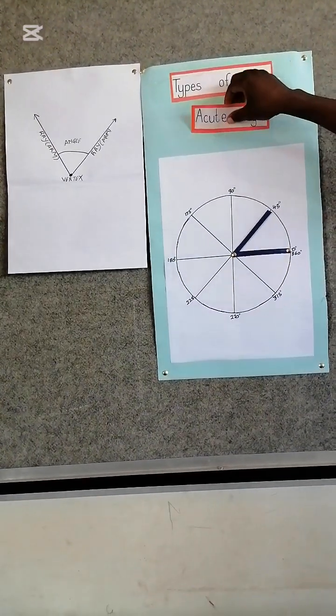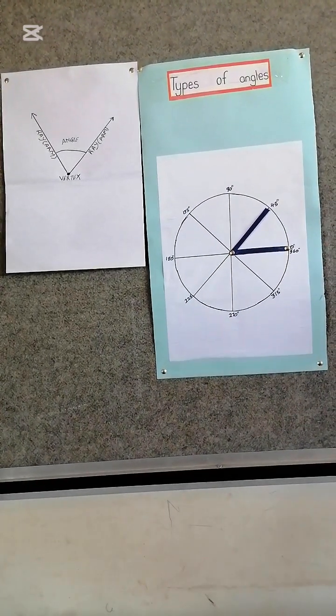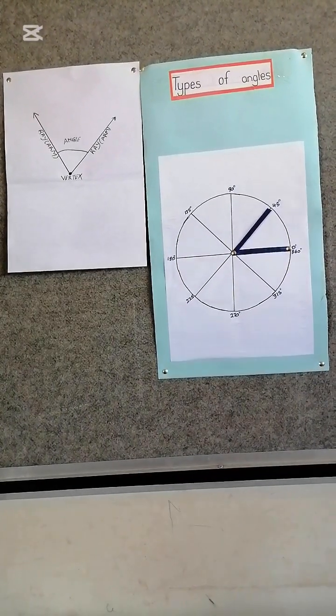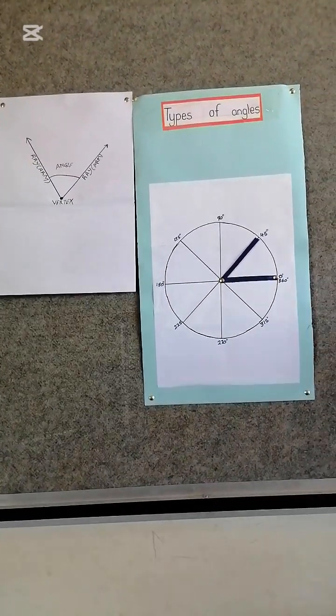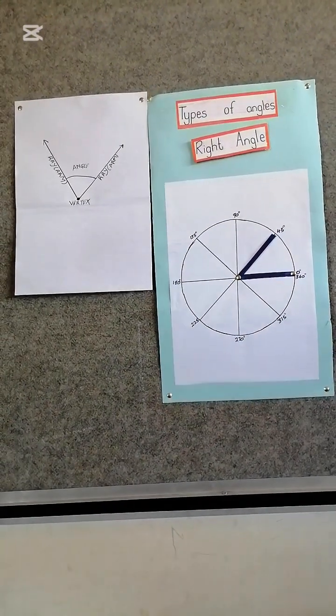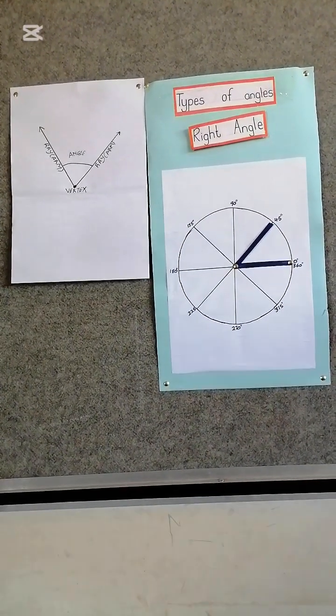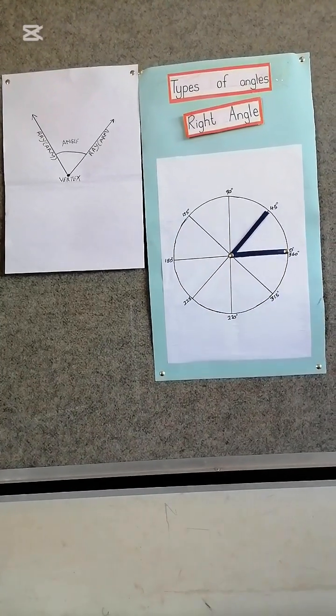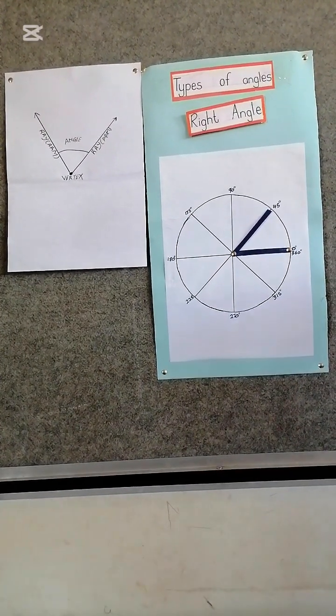Then from acute angle, we will go straight to a right angle. A right angle is an angle that is equal to 90 degrees.